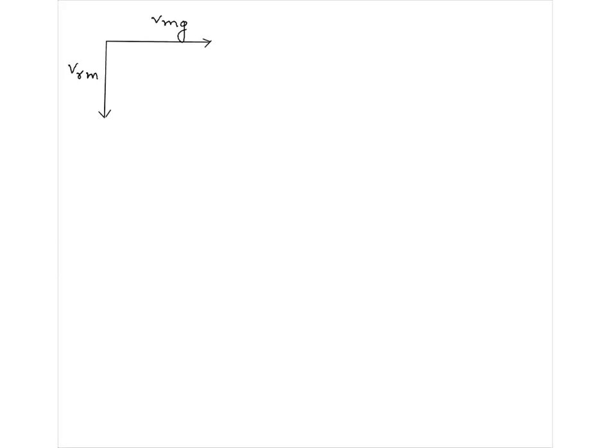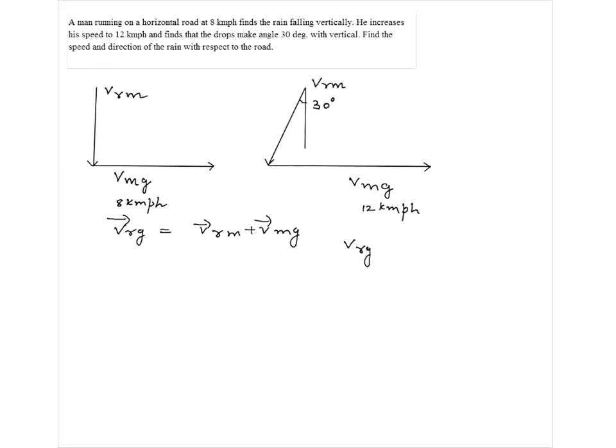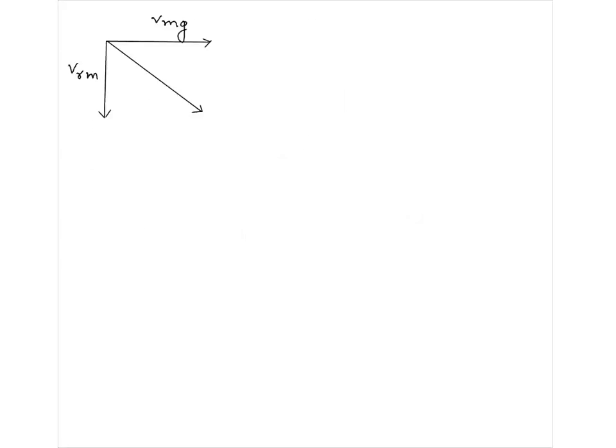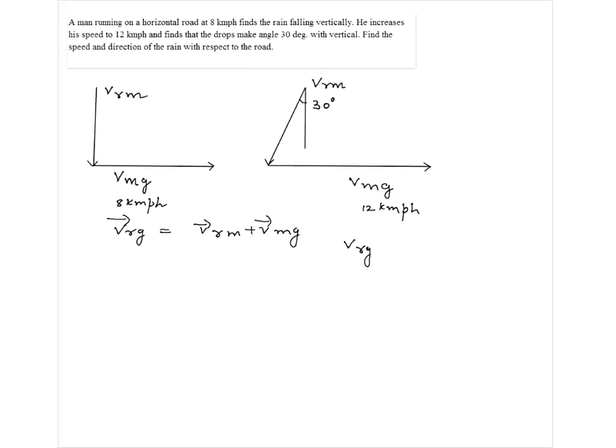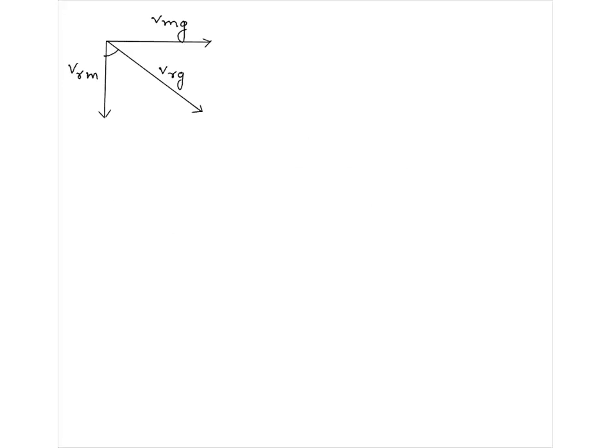Their sum would be somewhat like this. And that is this vector, VRG. Let's say rain makes angle of theta with vertical. Our equation is this.